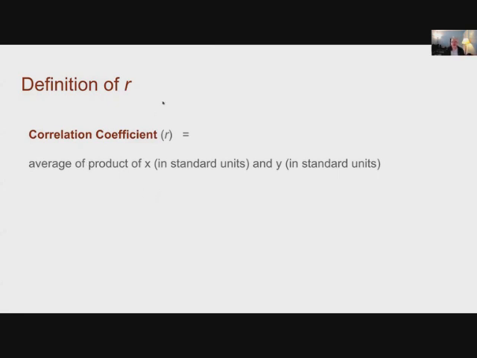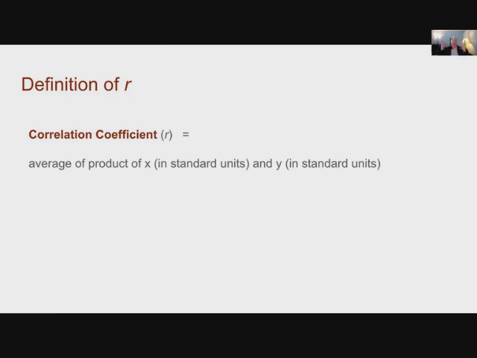So we're going to take our X data, our X-axis data, and our Y data in standard units, and multiply them together. The correlation coefficient is just the average of that product.